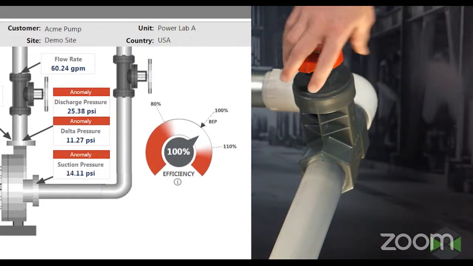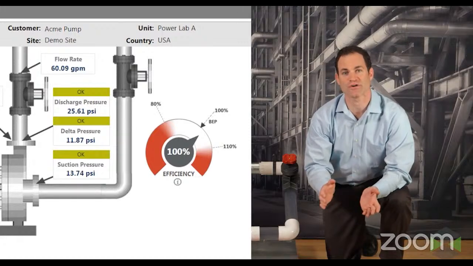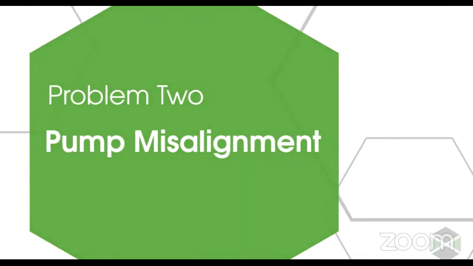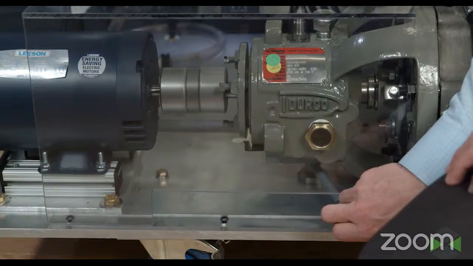When maintenance is delivered, the numbers return to normal. So as you can see, the problem can be resolved before it becomes an expensive pump failure or serious downtime occurs. Let's throw another problem at the system and see how it works. I'm going to shift the alignment of the pump by lifting the main housing through the pull of this black bar. You can hear something is wrong. But let's imagine a remote monitoring situation and there's no technician around to hear this.